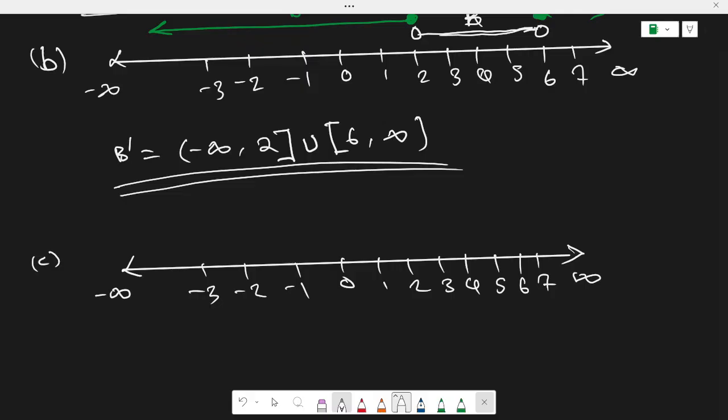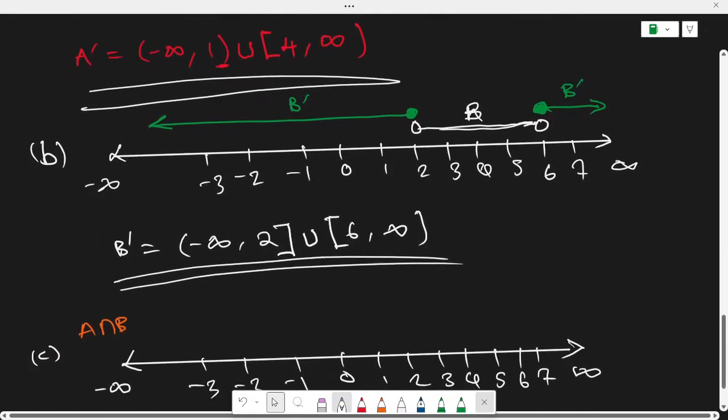Okay. So the first thing that we would like to do for us to find A intersection B, we first have to present A on the number line.